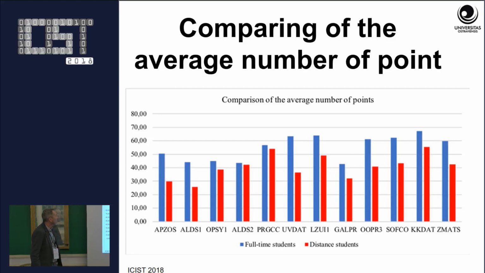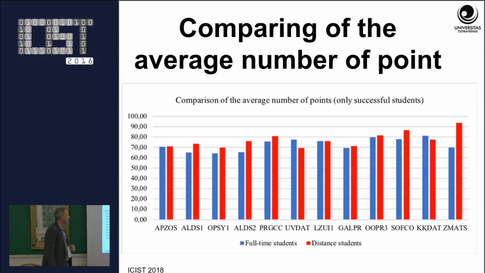This is the comparison of the average number of points. It's very different, but it's for all students. The other graph shows the average number of points for only successful students. It's not different, and in some courses the distance students are better than full-time students. It's interesting.